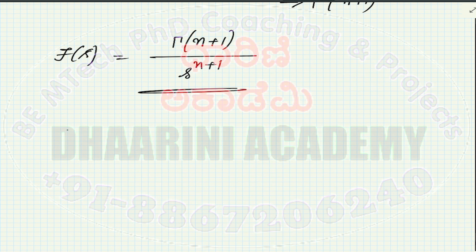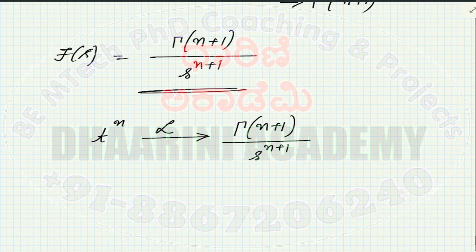Okay, so this means, let's write the standard function in our table. On the left hand side, I have t to the n. Its Laplace transform will be gamma of n plus 1 divided by s to the power n plus 1.